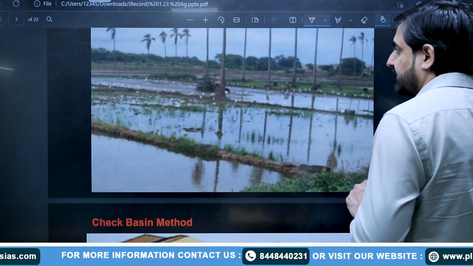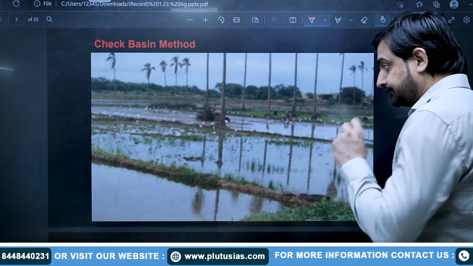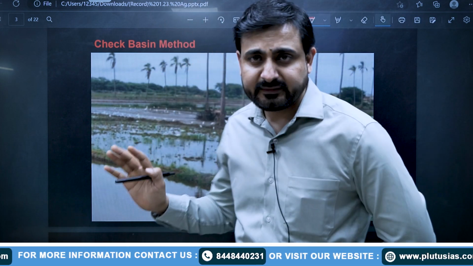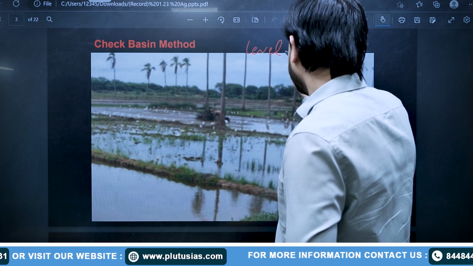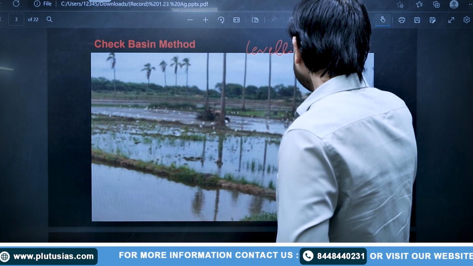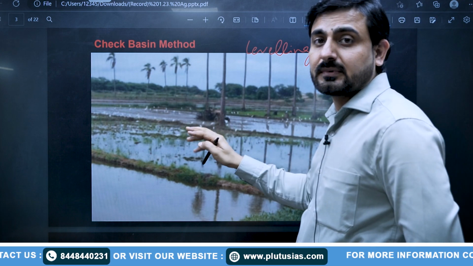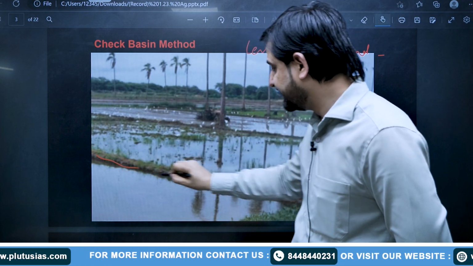Now, what is this check basin method? It is a modified version of surface irrigation. Here the land is leveled before the irrigation, and farmers generally develop certain bunds.